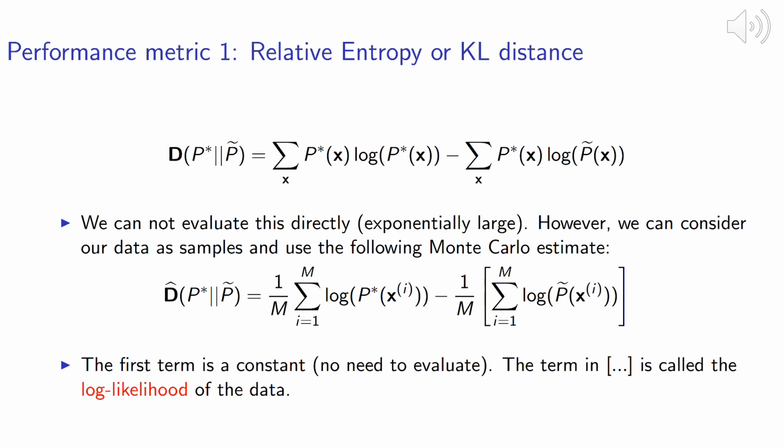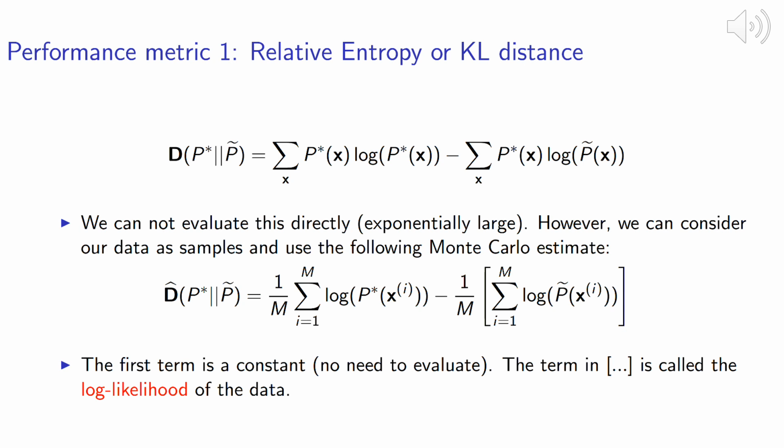So if you remember, the way we compute Monte Carlo estimate is that we replace the expected value by sample average. The first term in the Monte Carlo estimate of the KL divergence is the sample average over log of P star, and the second term is the sample average over log of P tilde of each sample.